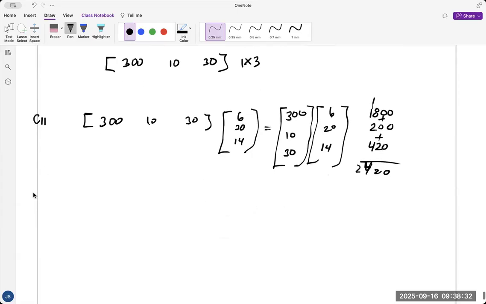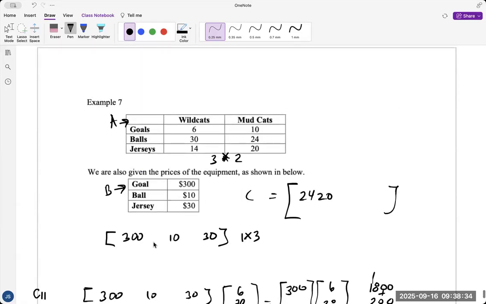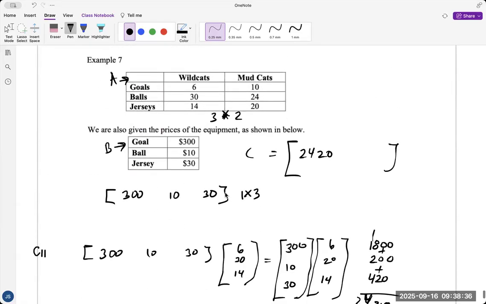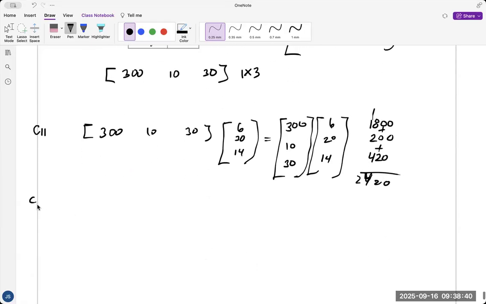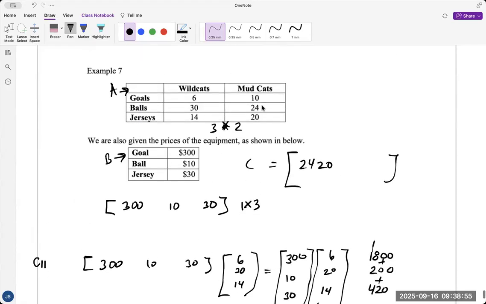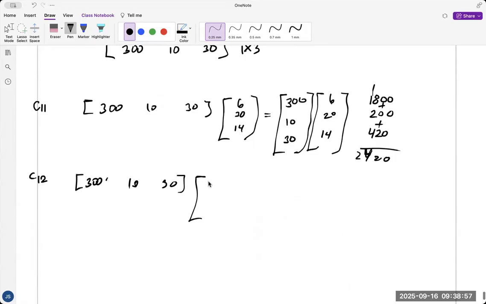Then we're going to take our first row, which is the only row, and multiply it by the second column. So this will be first row, second column. It's going to be 300, 10, 30 times 10, 24, and 20.